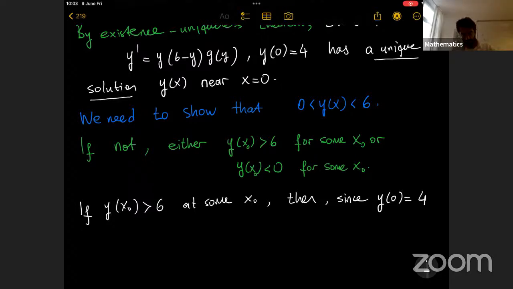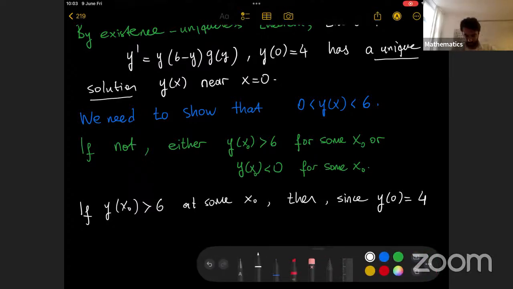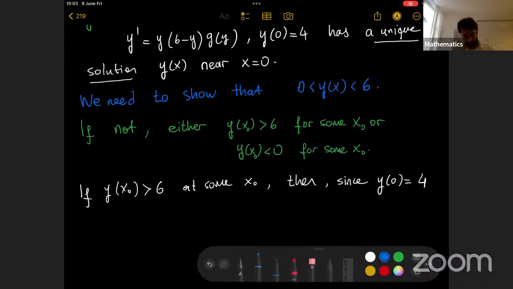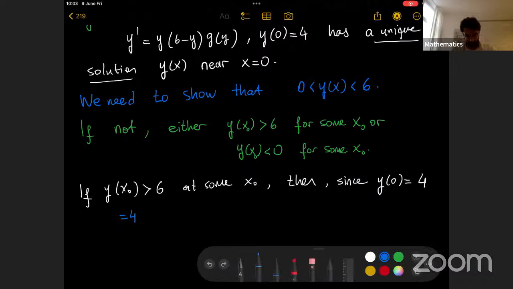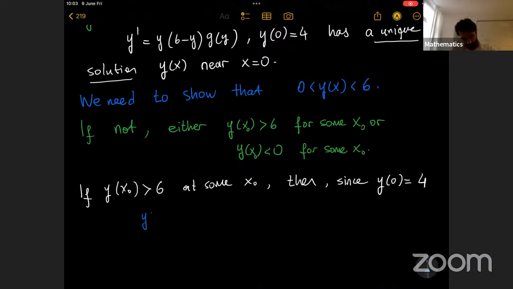O zaman y0 is equal to 4, is less than 6, less than y x0.